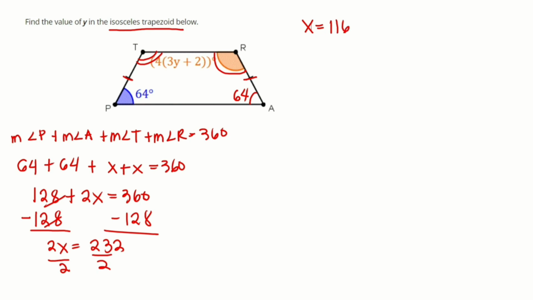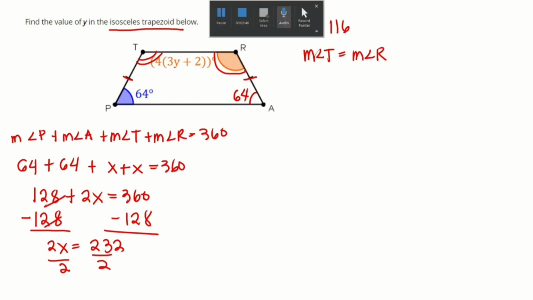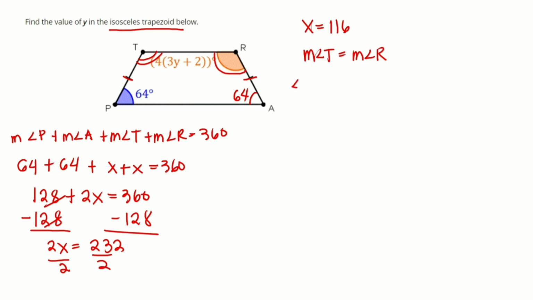Remember, we set angle T and angle R as X. So that means we can conclude that the measure of angle T is equal to the measure of angle R since they are base angles. So we now solve for the value of Y. We have here the measure of angle T, that's 4 multiplied by 3Y plus 2, is equal to 116.